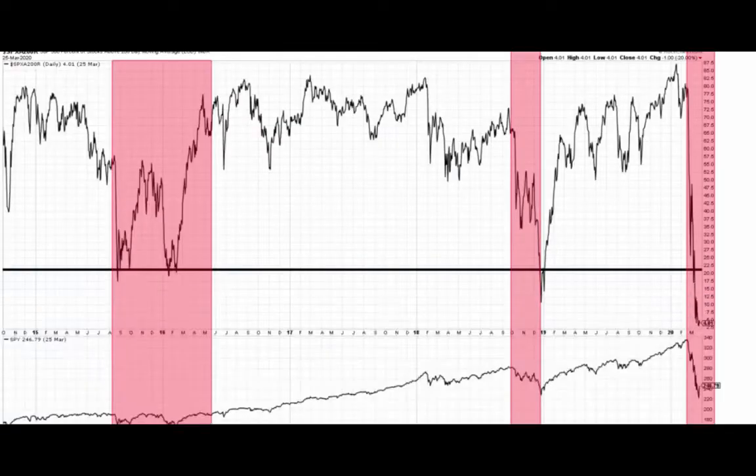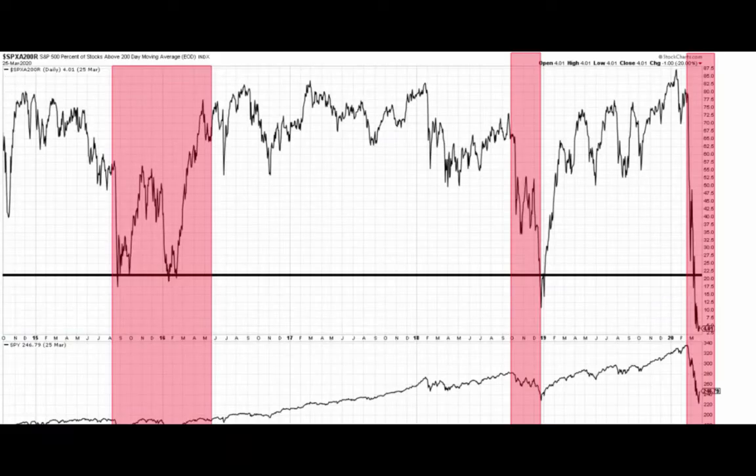This indicator right here is the third indicator we're looking at. This is how many stocks in the S&P are above their 200-day moving average. A 200-day moving average is just the closing price of the last 200 days plotted on a line. So all this indicator wants to know is how many stocks in the S&P are above their 200-day moving average.